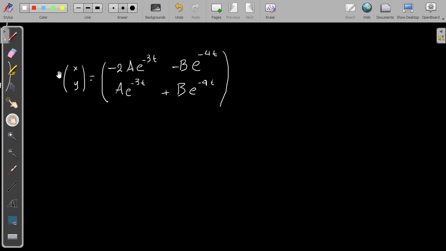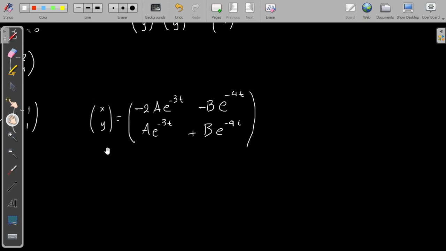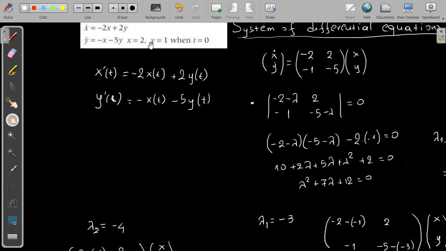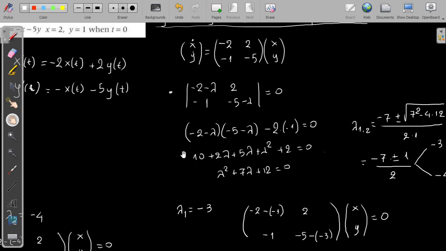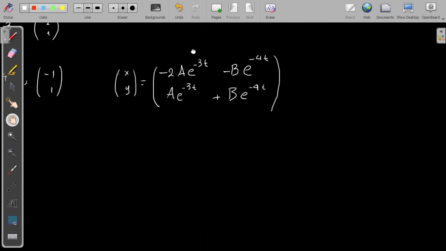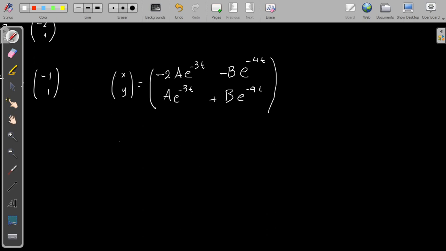Now, which are my initial conditions? The initial conditions are x equals 2, y equals 1 when t is 0. So, when x is 2, y is 1 when t is 0. So basically, if I substitute here, I will have 2, 1 equal to minus 2a.